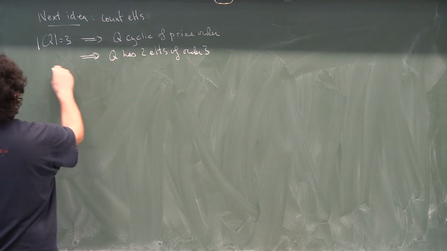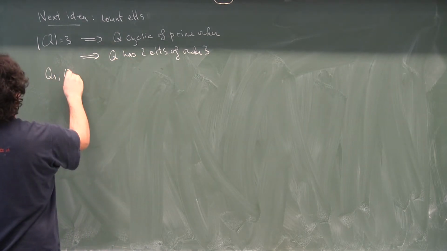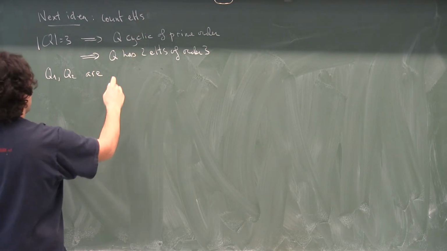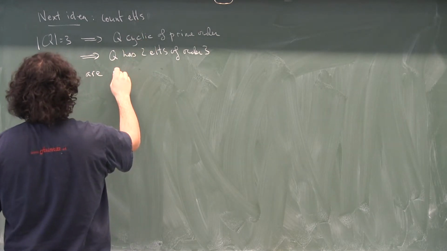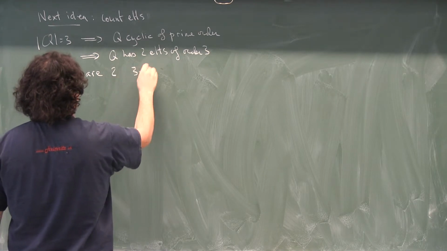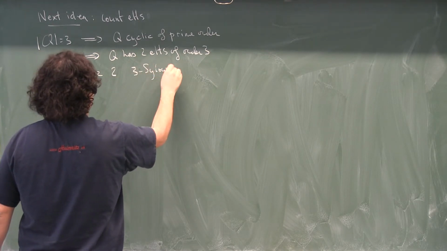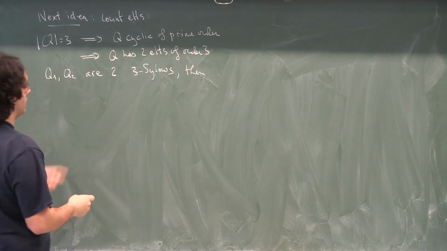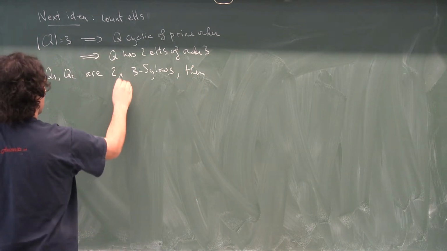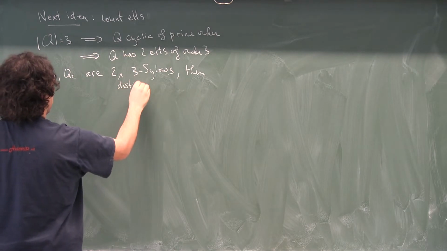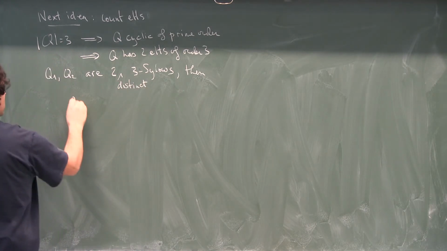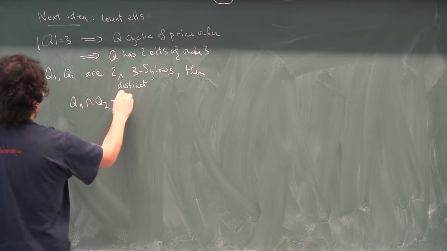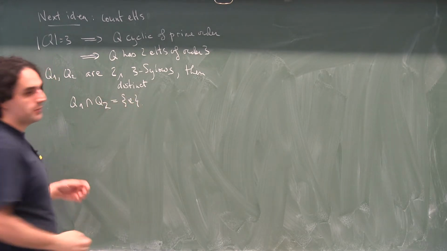Now, the other thing to note is that if Q1 and Q2, we are assuming that we have 4 3-Sylows, if Q1 and Q2 are 2 distinct 3-Sylows, then Q1 intersect Q2 must be the identity.